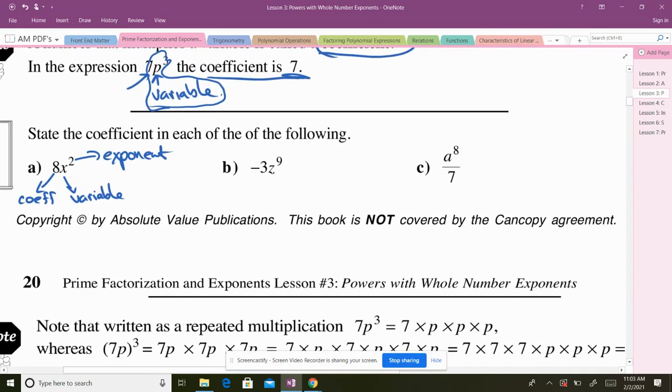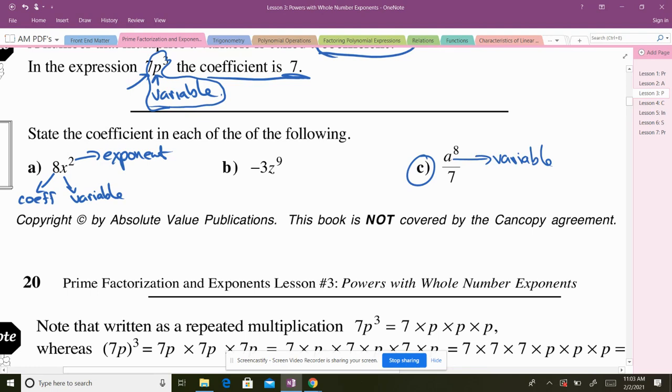A to the 8 over 7. What is the coefficient? Let's start with the variable. What's the variable? The variable is A. That's right.